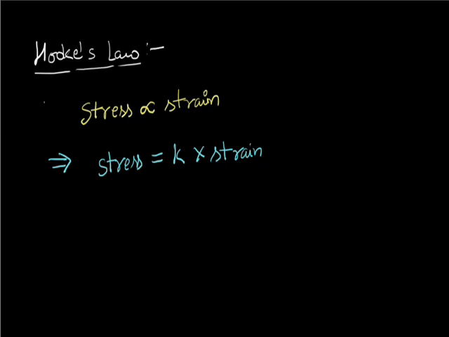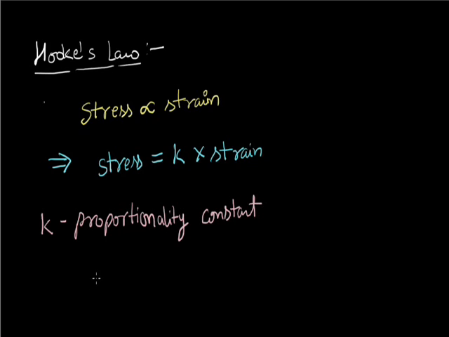Here K is the proportionality constant, and this proportionality constant is known as the modulus of elasticity.